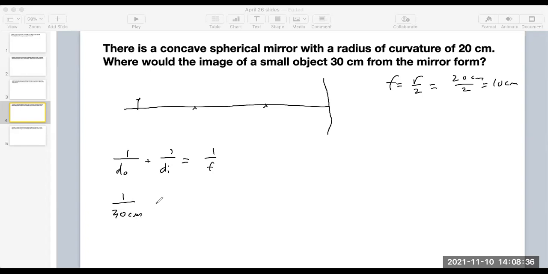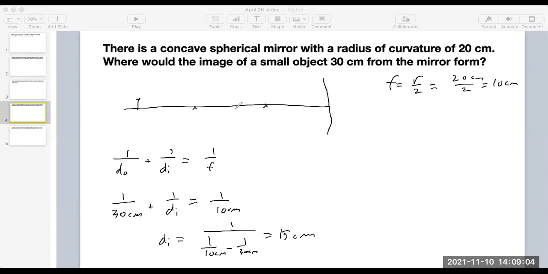1/30 cm plus 1 over our image distance equals 1/10 centimeters. So it works out to 15 centimeters.